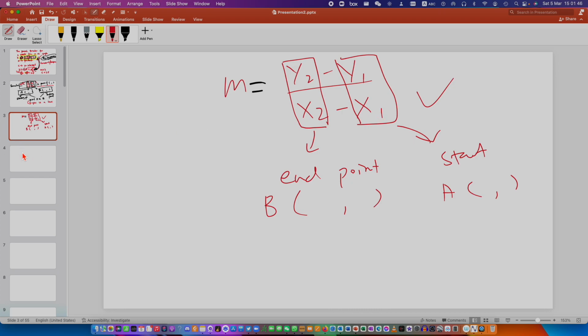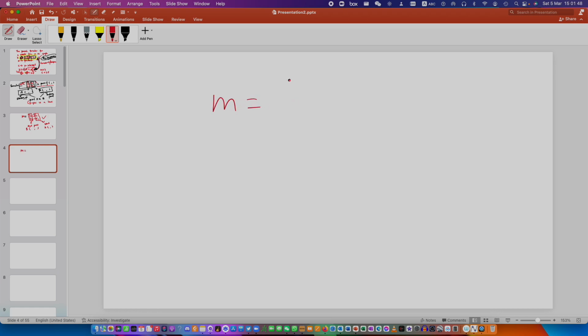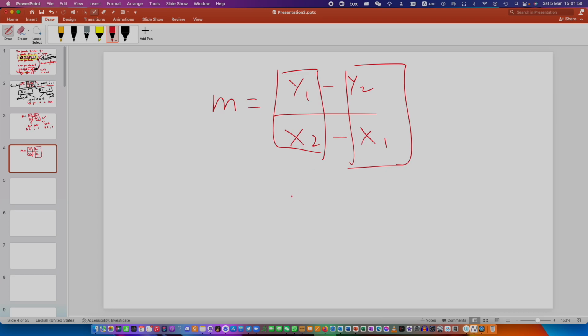Okay, good. Then what about this? Can you do it this way? Can you or not? No. Why not? Because it's not the same. So this is not the starting point.